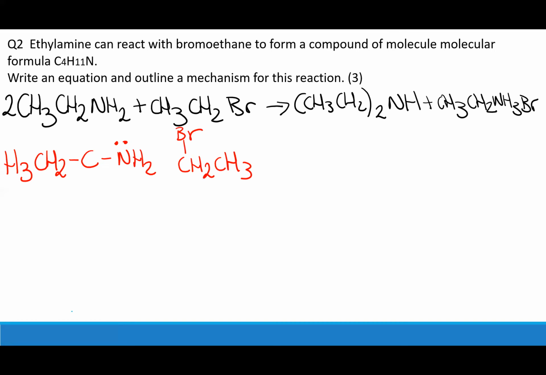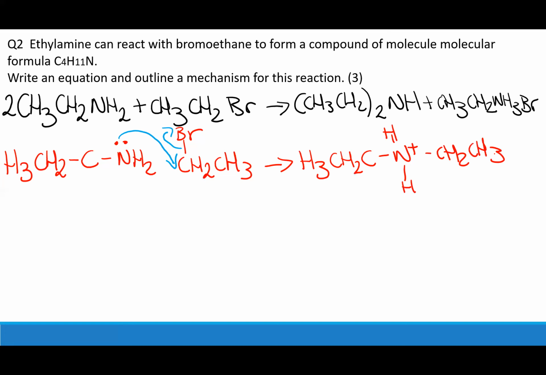Remember curly arrows. So that lone pair is going to react with that carbon here. And then that bromine and that carbon bond is going to break there. So then what will form is this. Nitrogen is now going to have a positive charge, hydrogens on the nitrogen, and then CH2CH3.